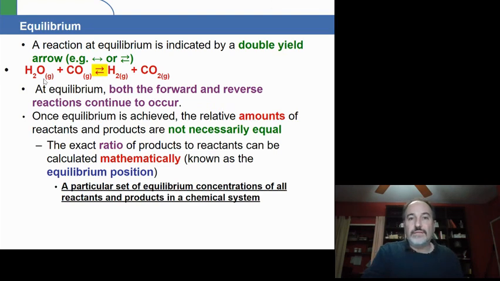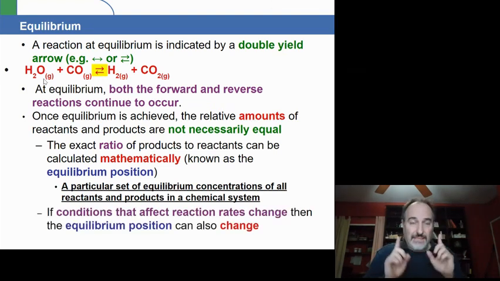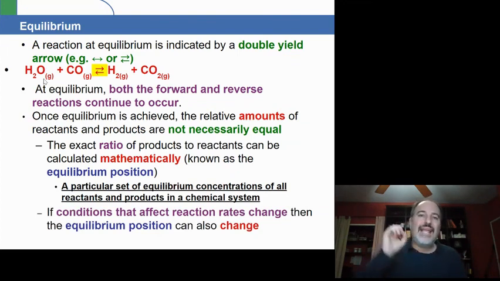What we are going to focus on in the next section here is this concept. If conditions that affect reaction rates change, then the equilibrium position can also change. Remember back to what changes reaction rates?